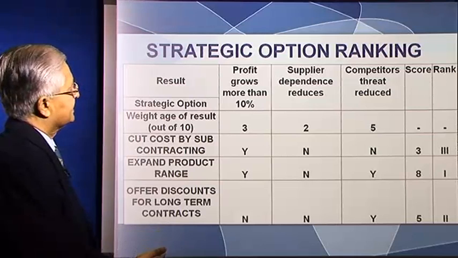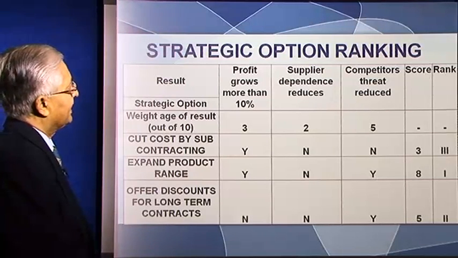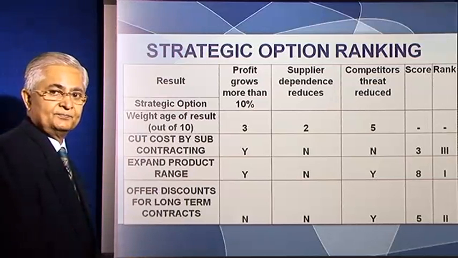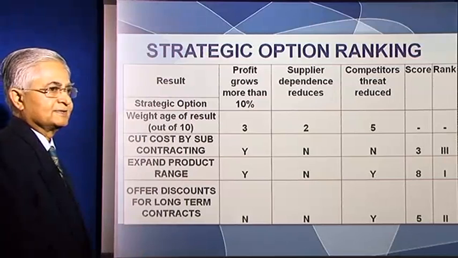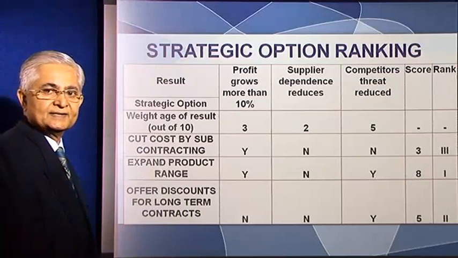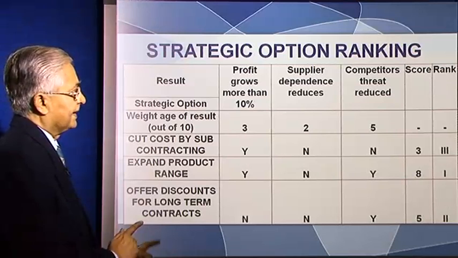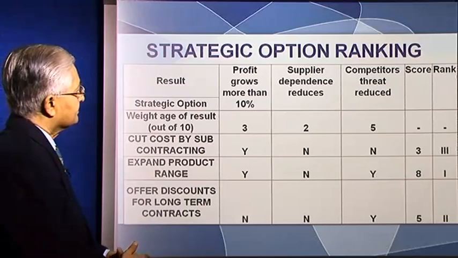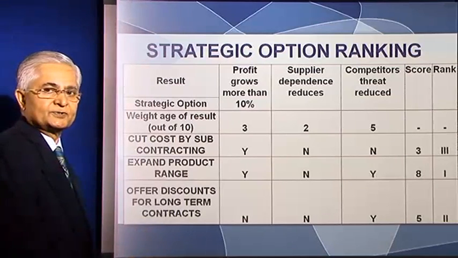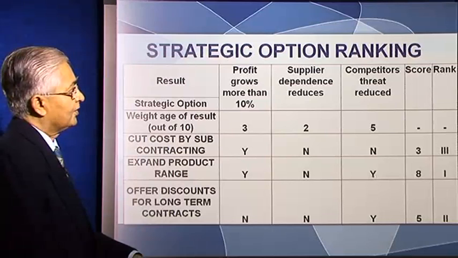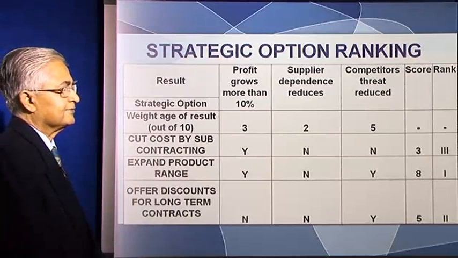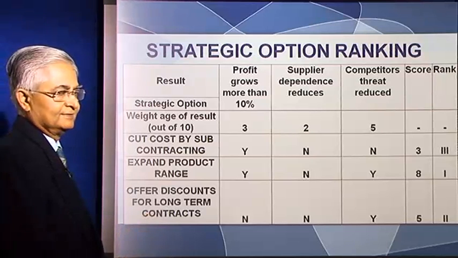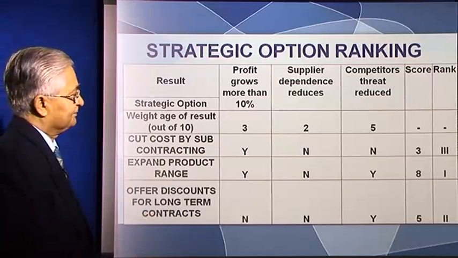Another possible result area is that supplier dependence reduces. Today the company is dependent on one supplier. By adopting a strategic option, will that dependence on the single supplier reduce? That's the second key result area to evaluate the strategy.